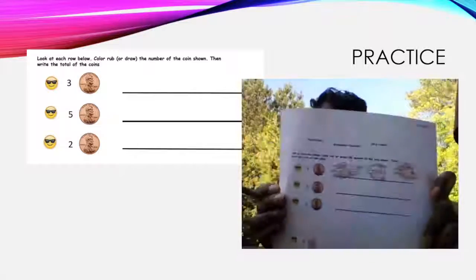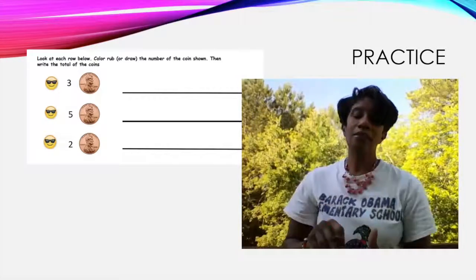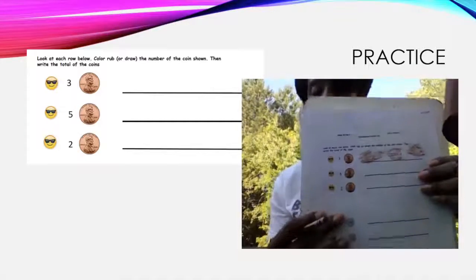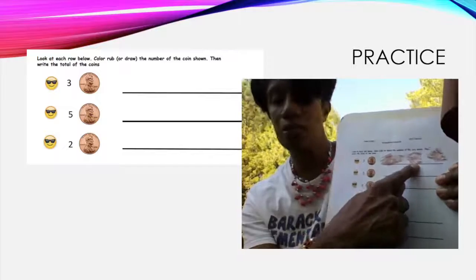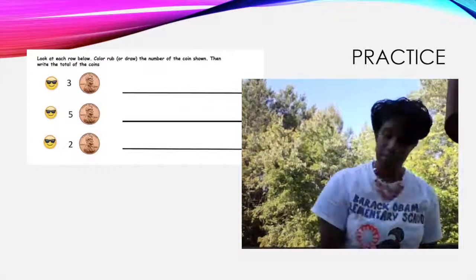So I did how many? 3. 1, 2, 3. So how much money is that? What's the value of that, if I'm counting by what? Ones, that's going to be 1 cent, 2 cent, 3 cent. So then I would need to write 3 cent.